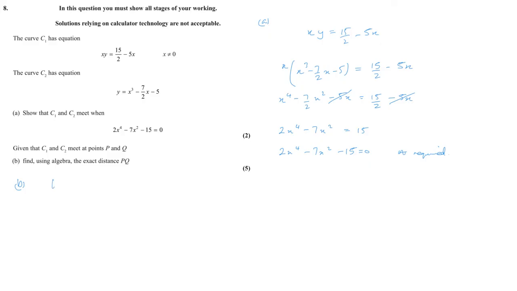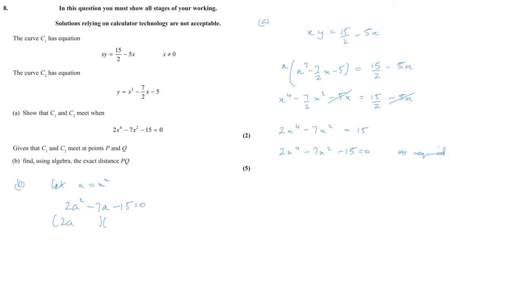Now I'll do it with a substitution because I feel that the people looking at this question are the ones that maybe can't do it. So I'll use a substitution to help those. So we have 2a squared minus 7a minus 15 equals 0.